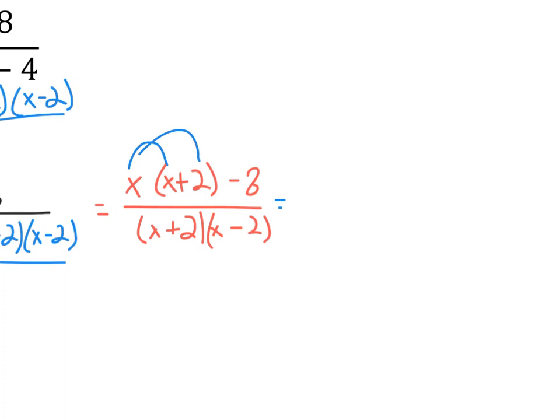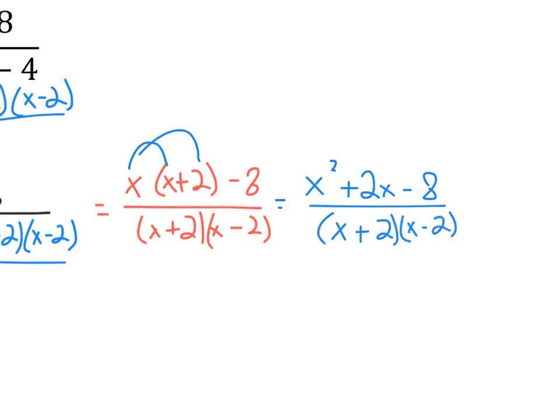I'll distribute x through, giving me x squared plus 2x minus 8 over x plus 2, x minus 2. And just a reminder, I can't cancel out the x plus 2's here because it's connected by addition or subtraction on top.